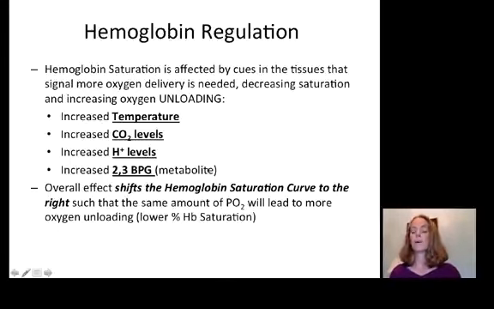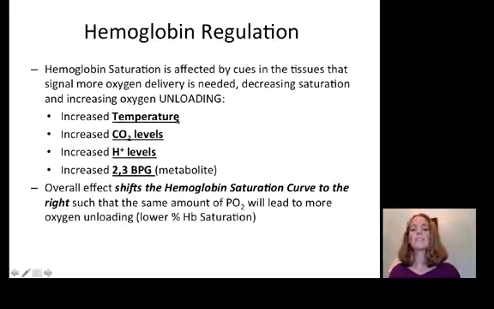So in other words, at the same value of PO2, when we add these factors, high temperature, carbon dioxide, acid, and metabolites, then we will have even less saturation, meaning that hemoglobin will give even more donated, right?